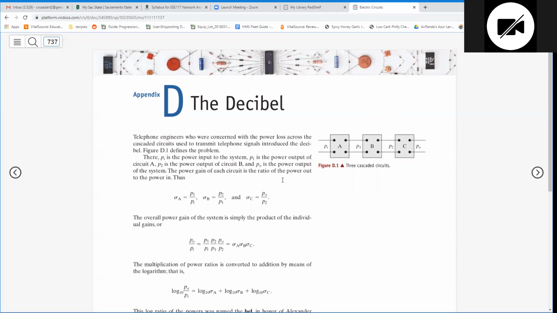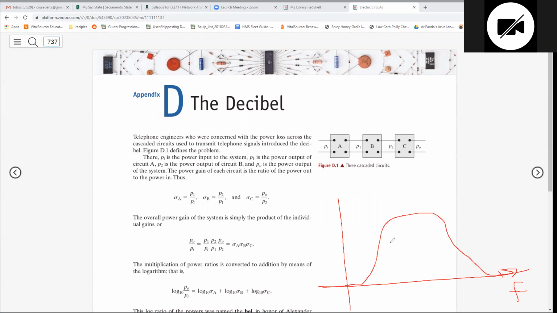So that's what Bode plots are for. Bode plots are graphing a circuit to see how it operates in the frequency spectrum. What happens at low frequency, what happens at high frequency? If you have a frequency graph, and let's say the circuit does this, what does that tell you?